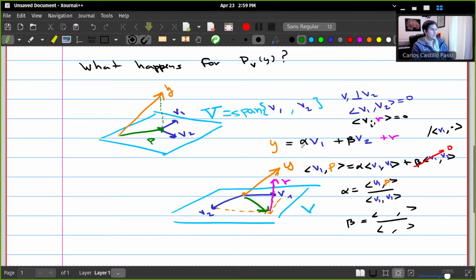And just to be clear, this part here, it's p. So basically y is p plus r. We're trying to get the coefficients of p. And I wrote p again here. This is y. Sorry, there's a lot of letters and it's easy to write the incorrect one. Y. There.